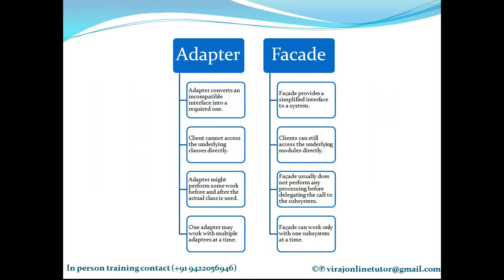So you can compose any number of objects in one class, right? So one adapter can definitely work with multiple adaptees at a time, but a facade can work only with one subsystem at a time. Please remember that.